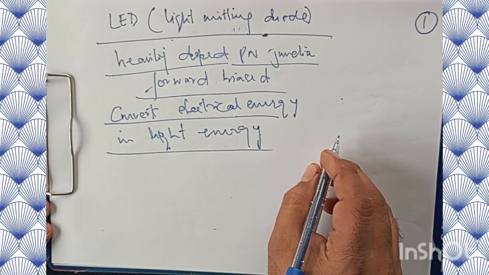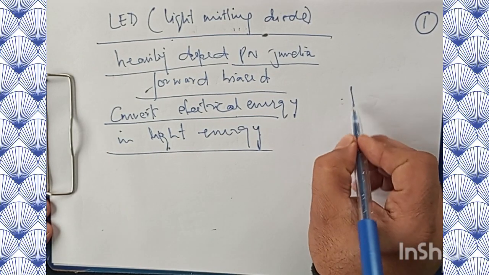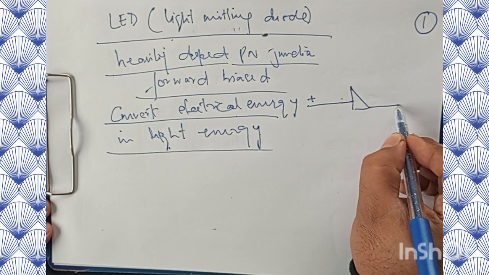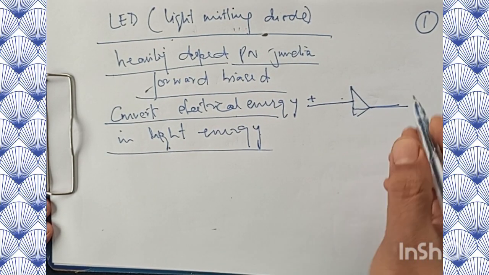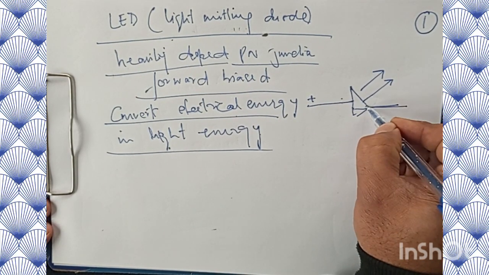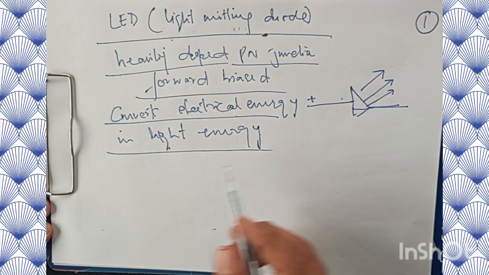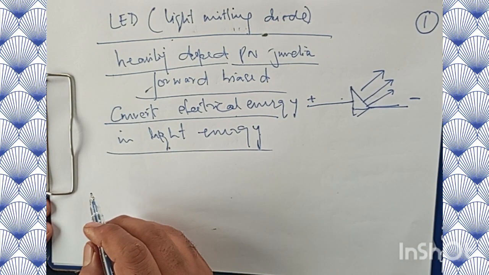Okay, so the symbol in this case, we have a PN junction, it's forward biased, and we have light coming from it. So this is the symbolic presentation of a light emitting diode.